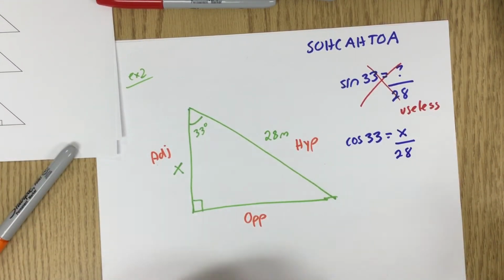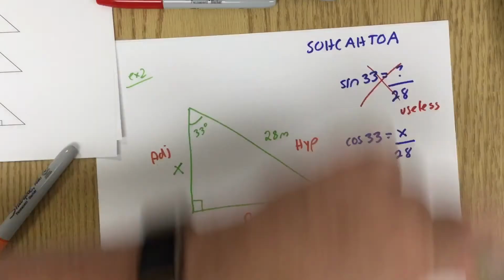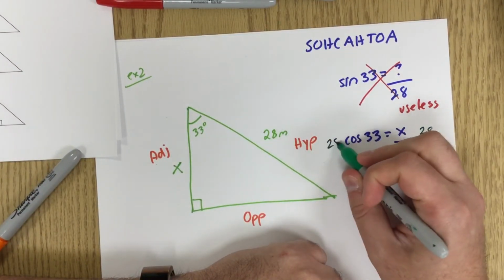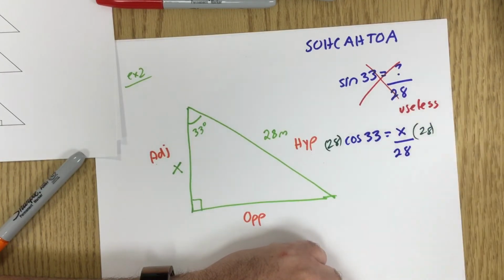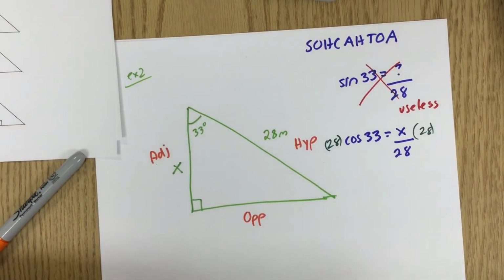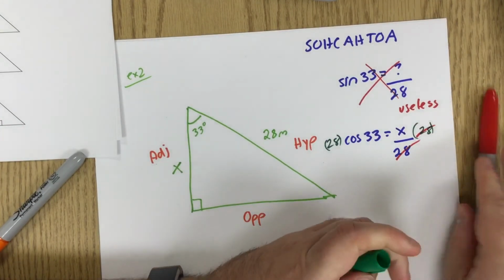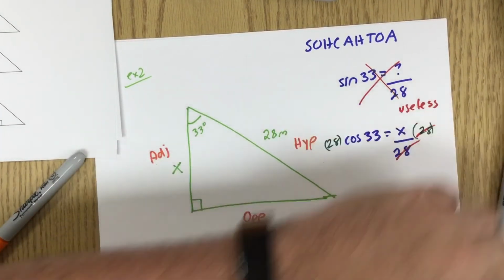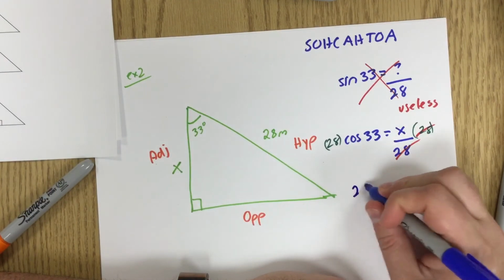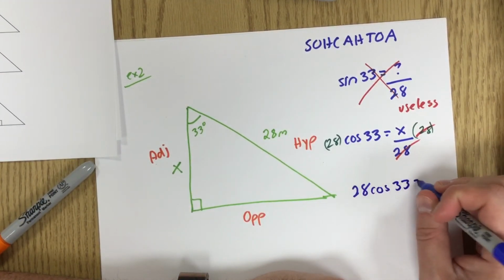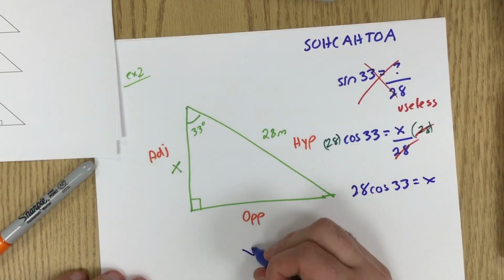So we multiply both sides by 28, and chunk chunk, these cancel. And so we end up with 28 cos 33 equals x.